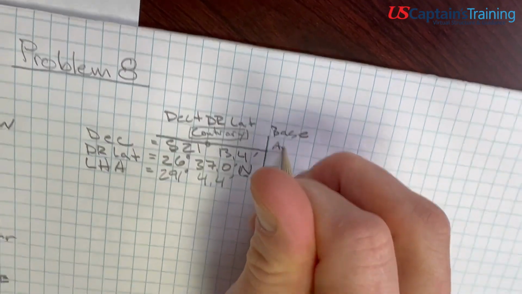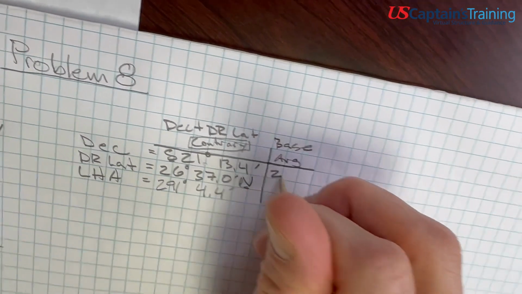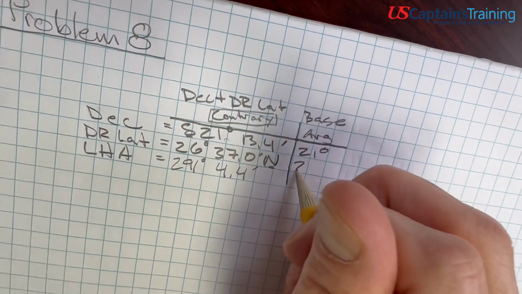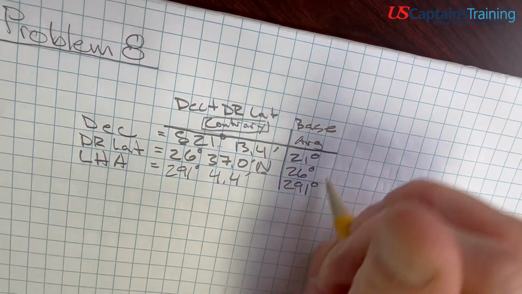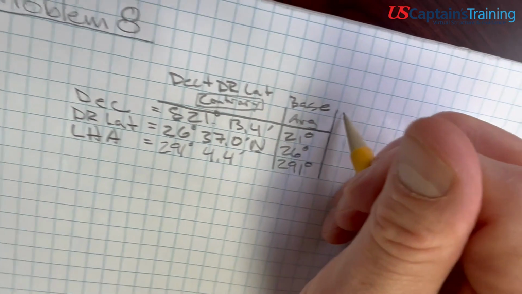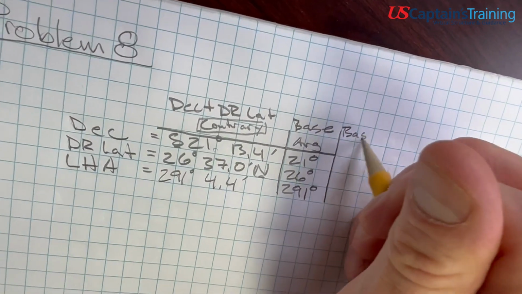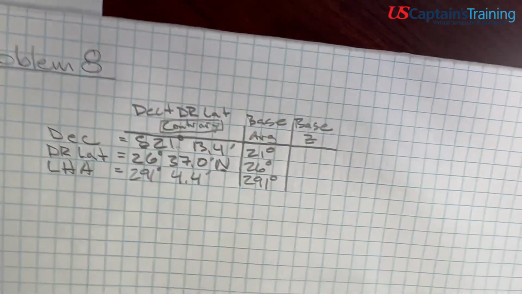Our base argument is 21 degrees, 26 degrees, and 291. Okay, this will let us get our base Z, or base angle, out of the sight reduction tables.